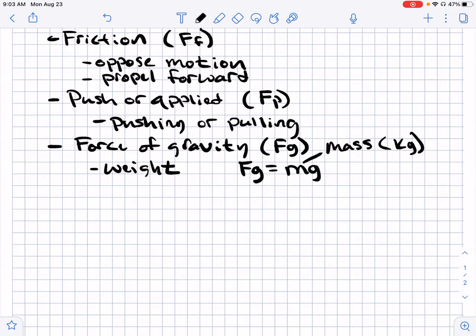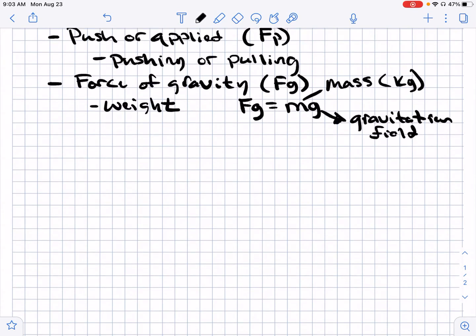And the g here is just your gravitational field. On the surface of Earth, it's 9.8 meters per second squared or newtons per kilogram, but for our class, we just round that to 10 newtons per kilogram or meters per second squared.